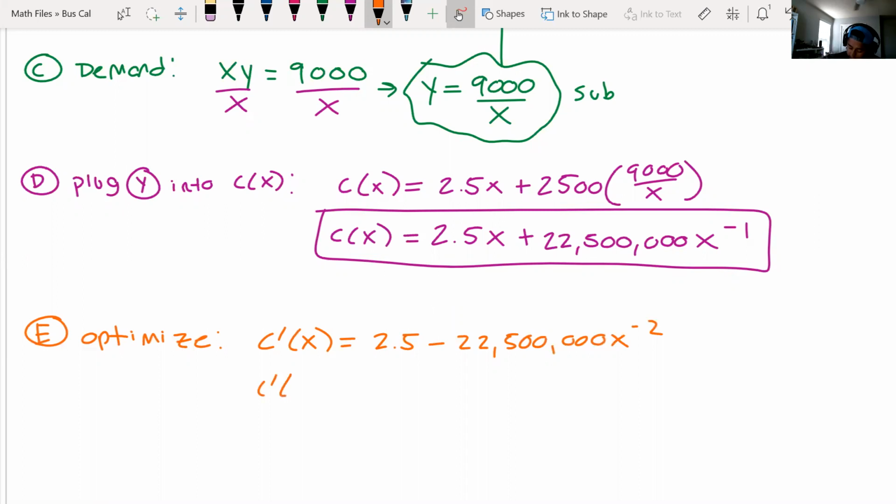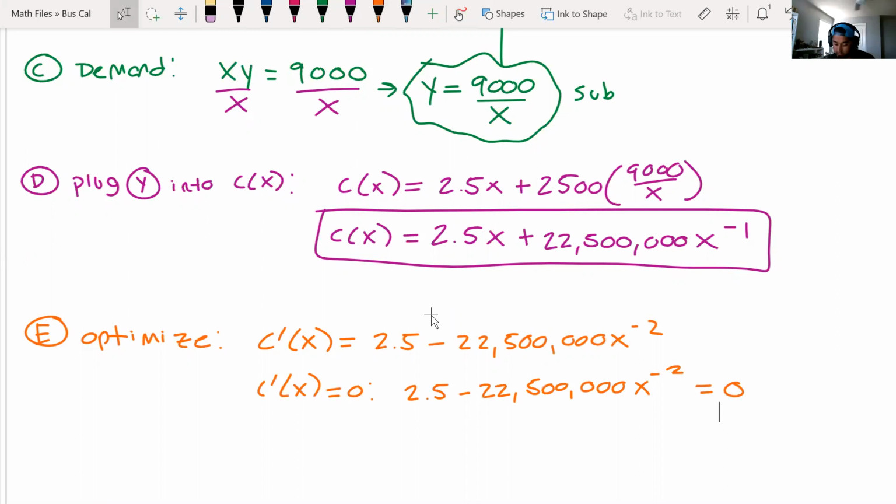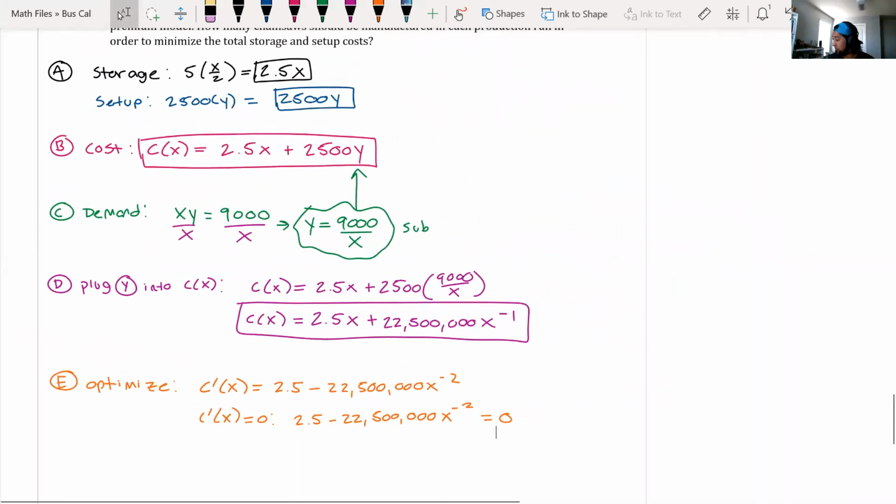Set it equal to 0 and solve for x. Right. But before I continue, are we good up to this point? Yeah, it's good. Okay. Okay, cool.